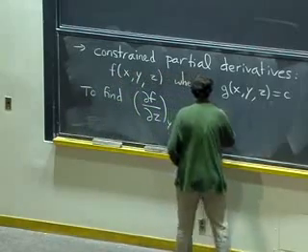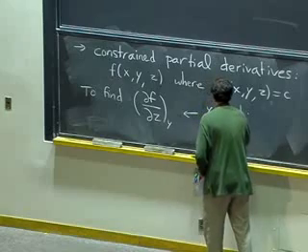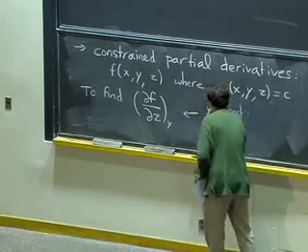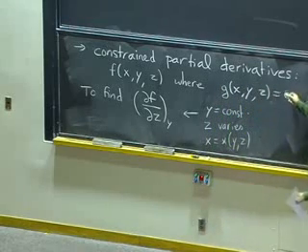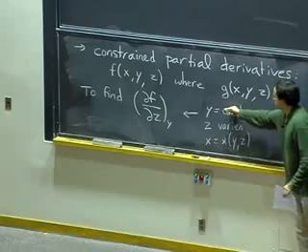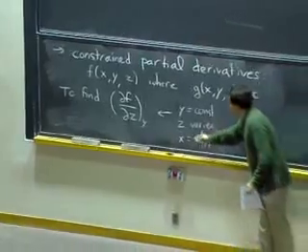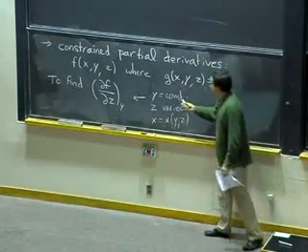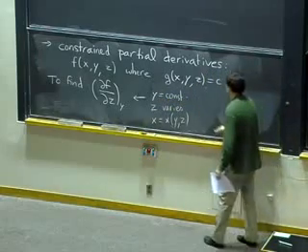That means y is constant, z varies, and x somehow is mysteriously a function of y and z through this equation. And then, of course, because it depends on y and z, x will vary. So now we're asking ourselves, what's the rate of change of f with respect to z in this situation?